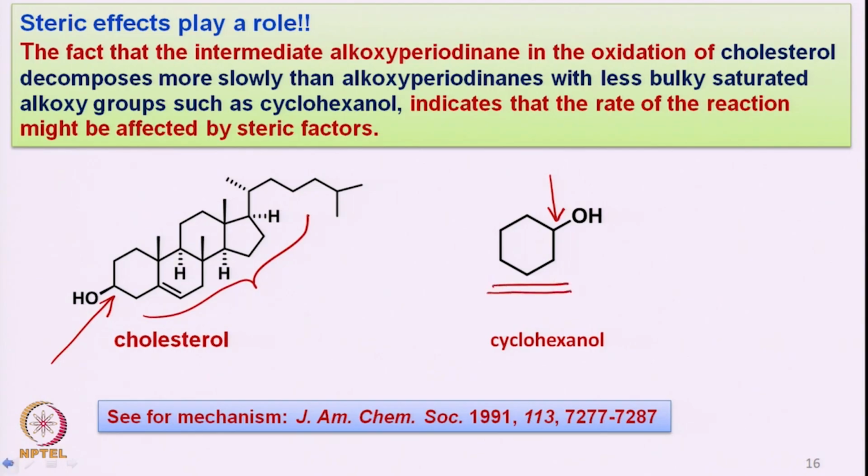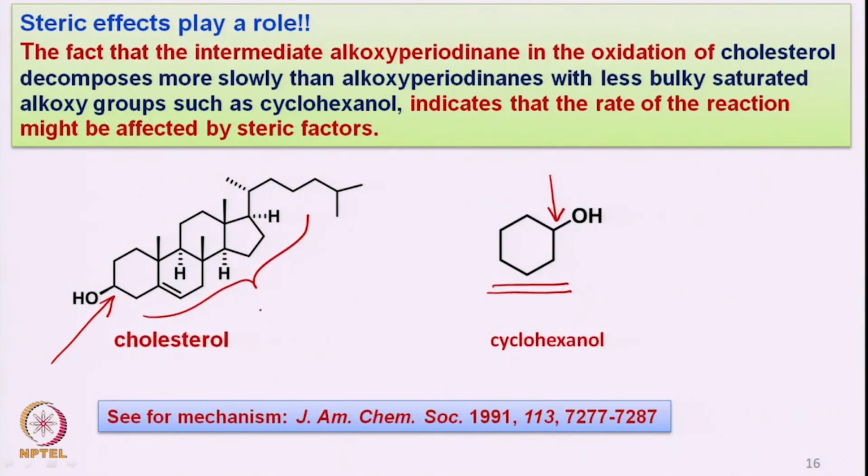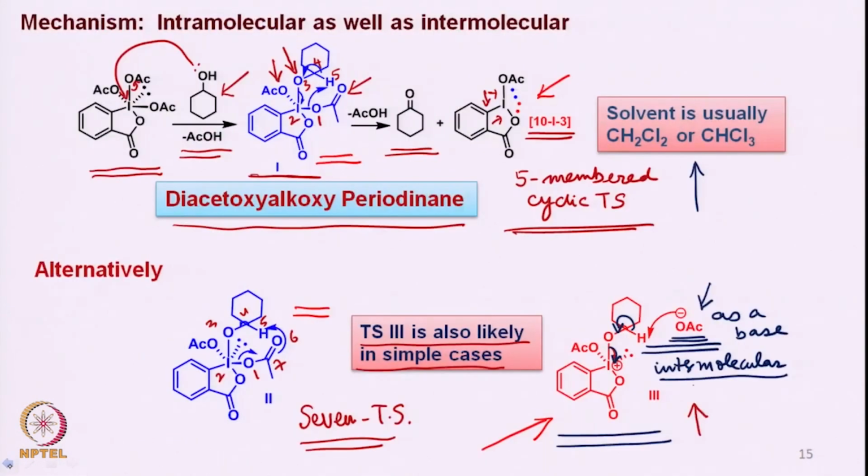If the reaction was occurring according to this mechanism here, where it is an intermolecular removal of proton, or the oxidation takes place in intermolecular fashion, then there should not be much difference in the rate of cholesterol versus the normal cyclohexanol. But it is seen that this reacts very slowly compared to cyclohexanol, which indicates that there is a role of steric effects.